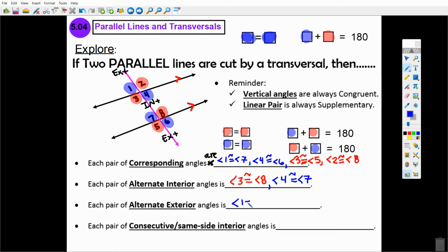So angle 1 is congruent to angle 6. They're the same color. And 2 and 5, angle 2 is congruent to angle 5. They are the same color, they're congruent, and they are alternate exterior angles, not alternate interior. So 1 and 6 are alternate exterior, 2 and 5 are alternate exterior.